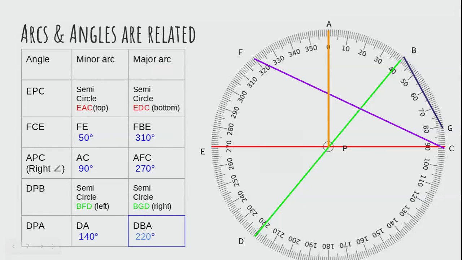So we started at D, we moved past B, and we ended at A. So if the minor arc was 140, then the major arc has to be 220 degrees. Okay, makes sense?